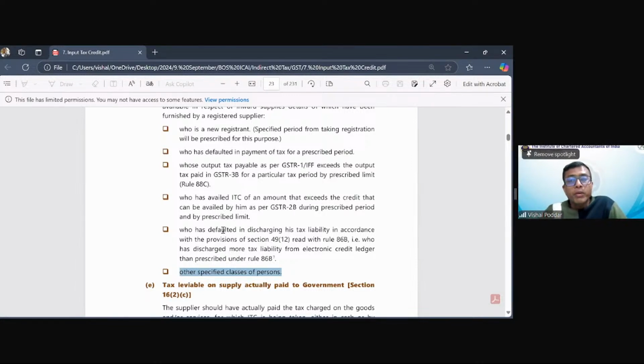So you suffer for your supplier's mistake. That is the deadliest part of this section. And that is where a lot of cases will come, I think. Lawsuits will come. Correct. So that is why they have not yet notified it.